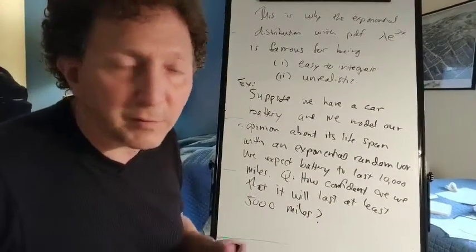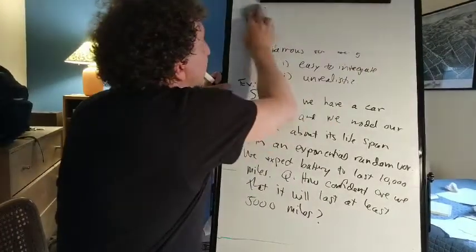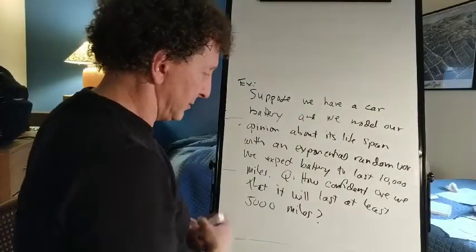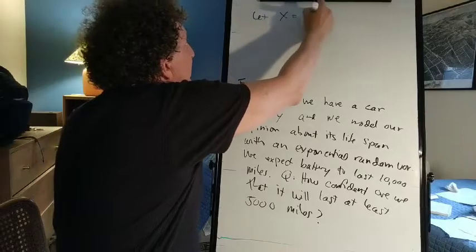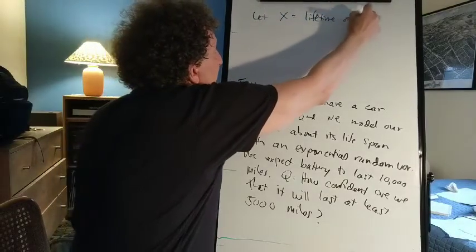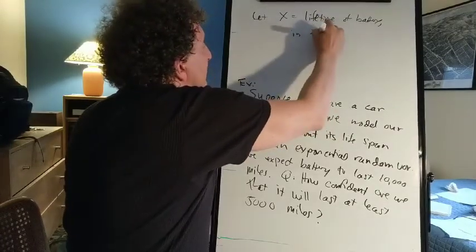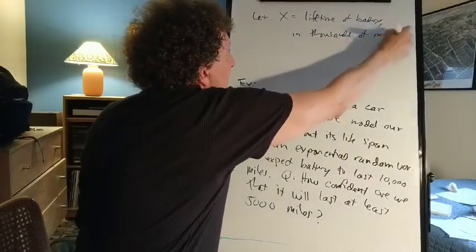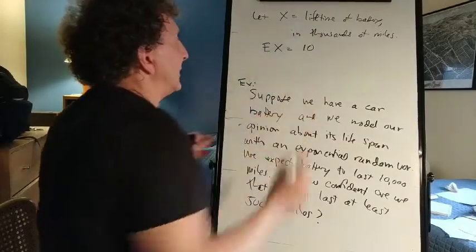All right, to save ourselves from writing a lot of zeros, let's let x be the actual lifetime of the battery in thousands of miles. So the expected value of x is 10.